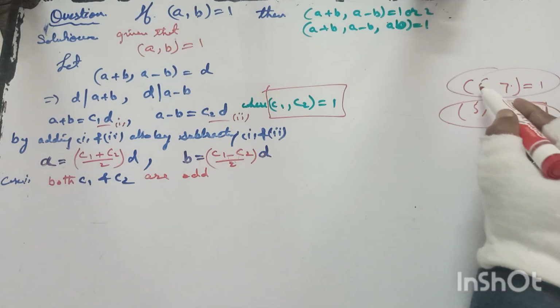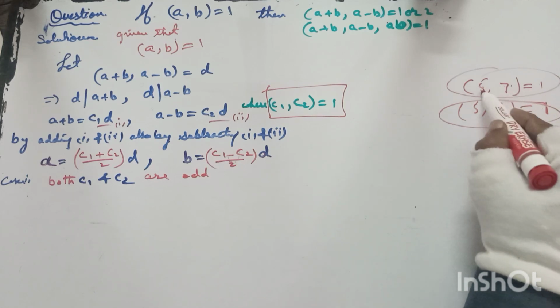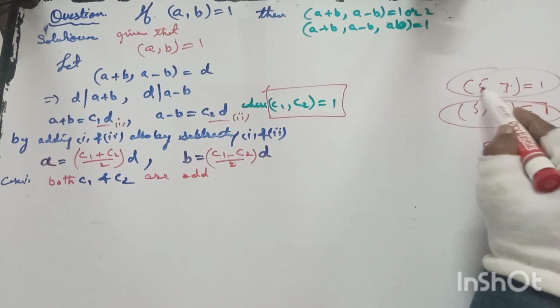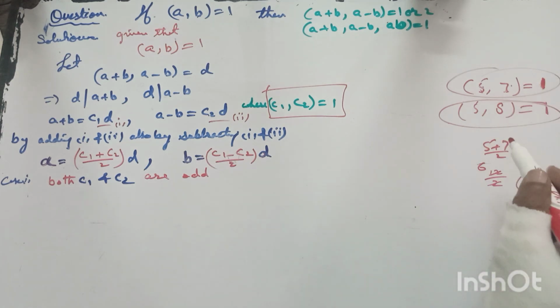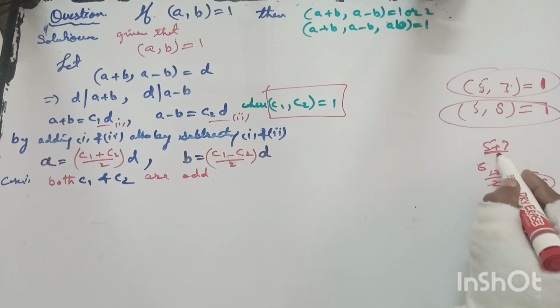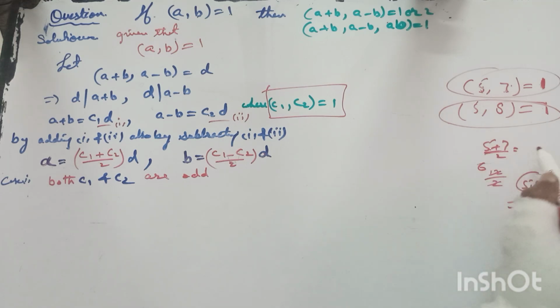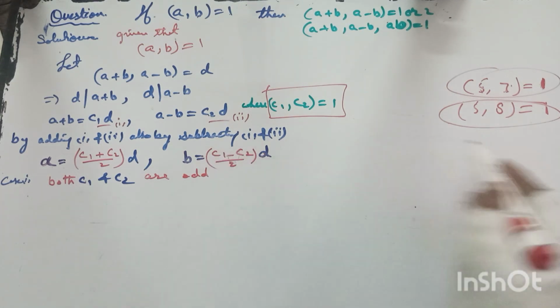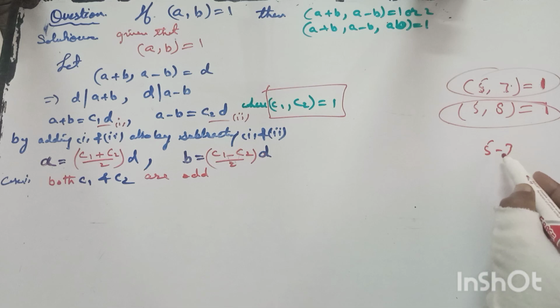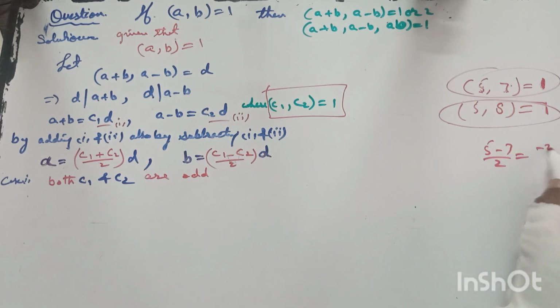I take an example of two odd numbers having greatest common divisor 1. If I divide their sum by 2, 12 by 2, 6, I have an integer. If I take the difference of these two numbers, 5 minus 7 over 2, it is minus 2 over 2, then I have minus 1, an integer.